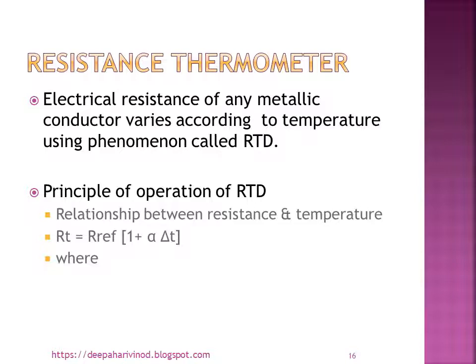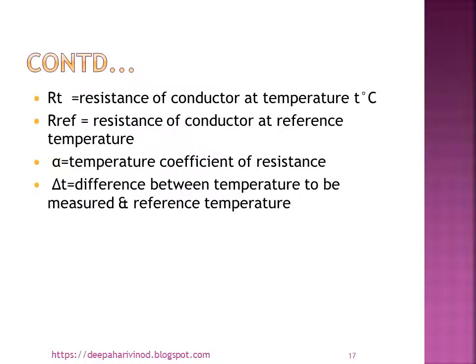R naught is the resistance at 0 degrees Celsius. It is given here that RT is the resistance of the conductor at temperature T degrees Celsius. R reference is the resistance of the conductor at reference temperature. Alpha is the temperature coefficient of the resistance. Delta T is the difference between the temperature to be measured and the reference temperature.